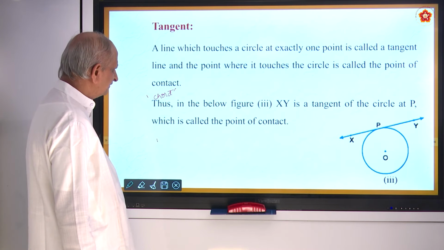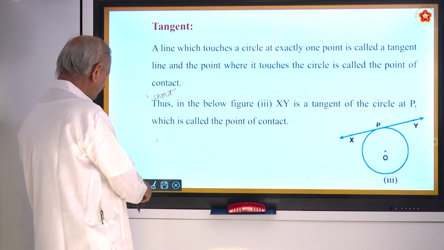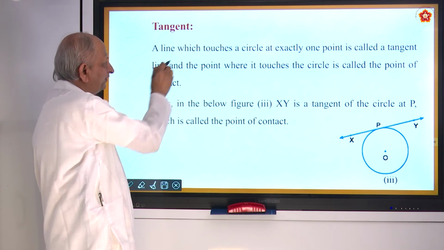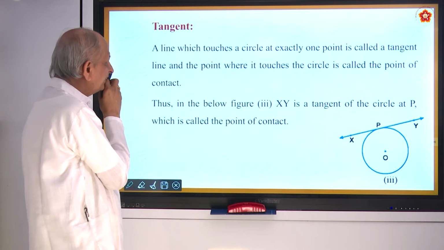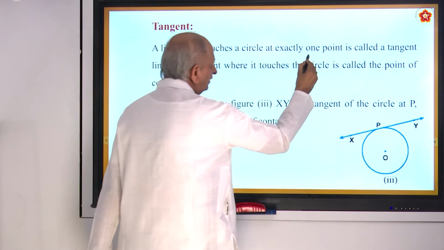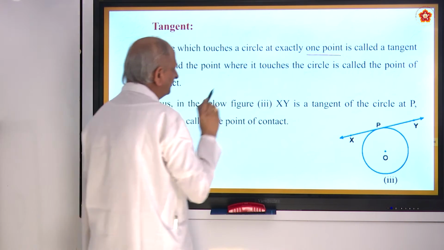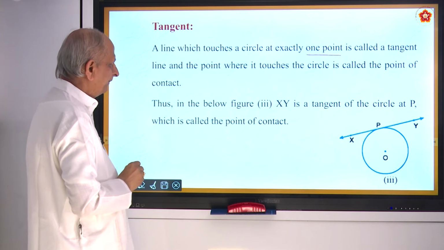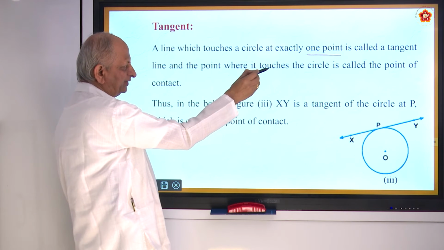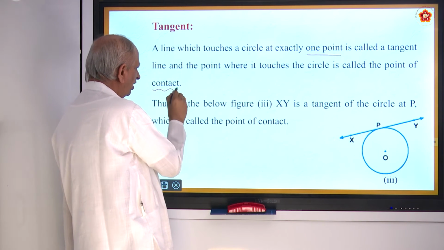We will name it as, see, a line which touches the circle at exactly 1 point is called a tangent. 1 point. And the point where it touches the circle is called the point of contact.